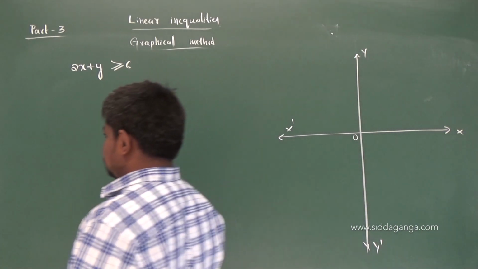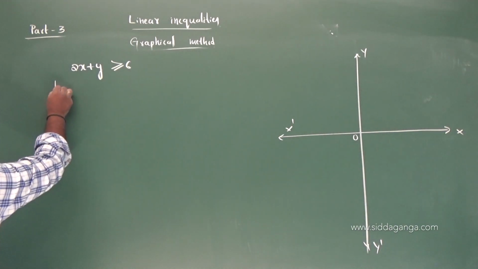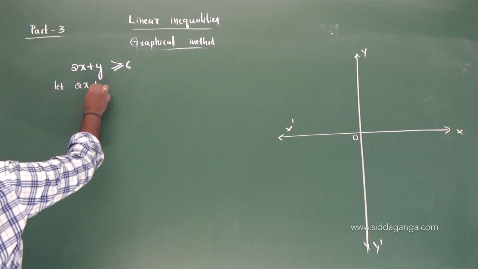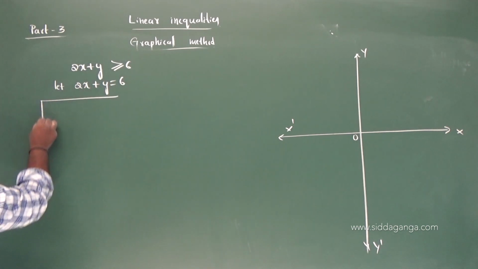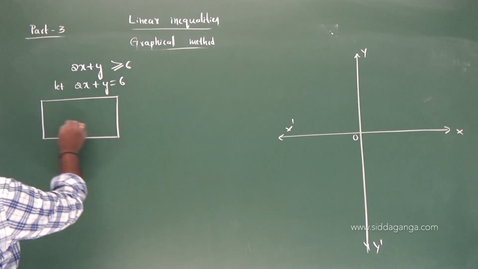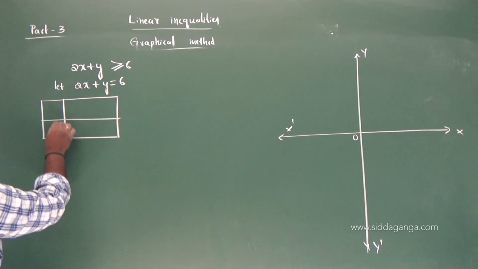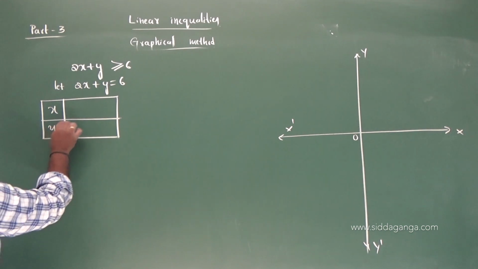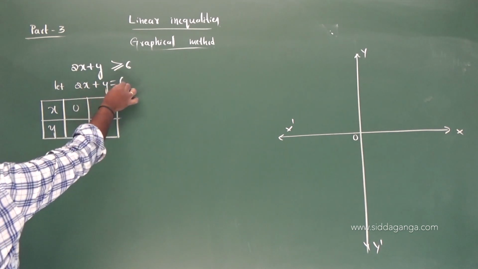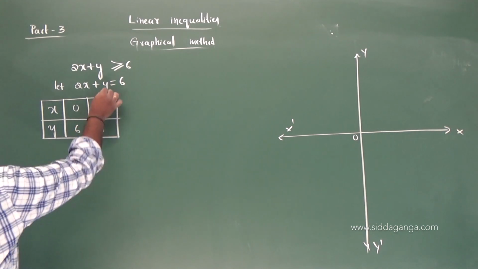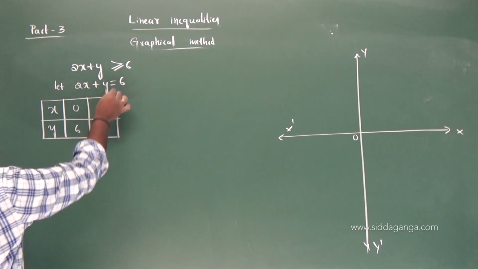Now let's find the points through which the line 2x plus y equal to 6 passes. Take x equal to 0 and y equal to 0. When x is 0, y becomes 6. When y is 0, 2x is equal to 6, so x equals 3.